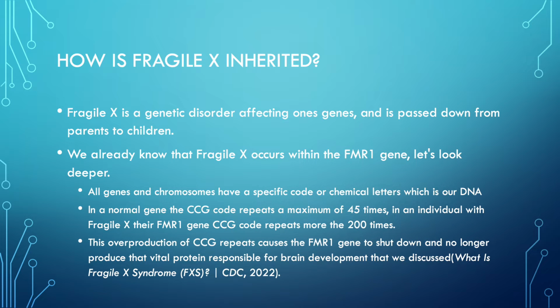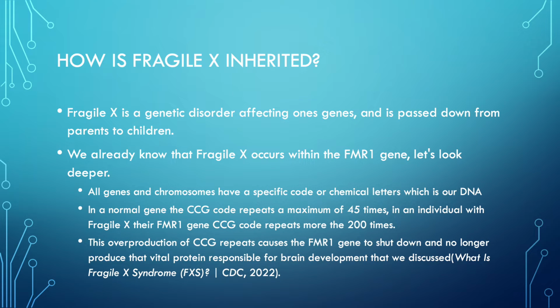As we learned, this is a genetic condition, so you may be wondering, how is it inherited? Fragile X is a genetic disorder affecting one's genes, and it is passed down from parents to children. We already know that Fragile X occurs within the FMR1 gene. Let's look deeper. All genes and chromosomes have a specific code of chemical letters, which is known as our DNA.